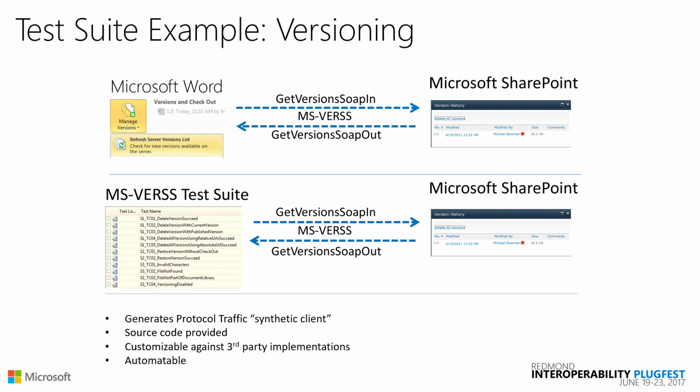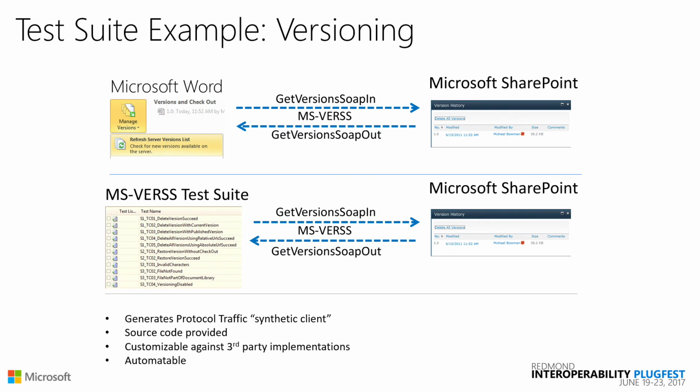This is an example of a test suite case design. In the real world, for example, we upload a document onto SharePoint server, and now we want to see the version of that document. Then we open that Word document on SharePoint. We click File and Manage Versions, refresh server version list.